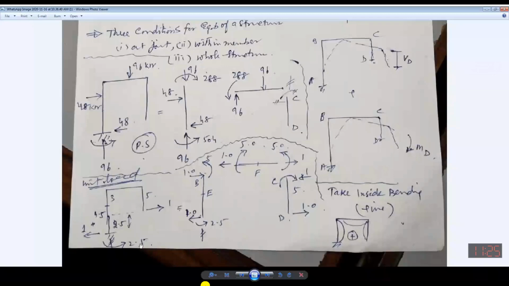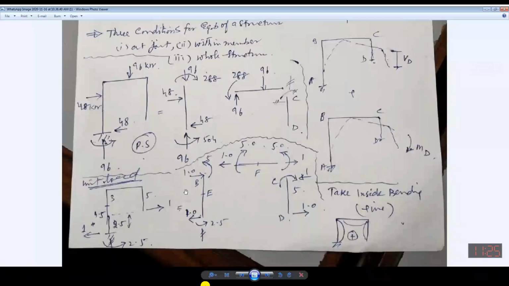And if I talk about the different segments of this structure, you can take this segment in isolation. So it is 1 or 2.5, and this is in this direction, and it should have been in this direction.